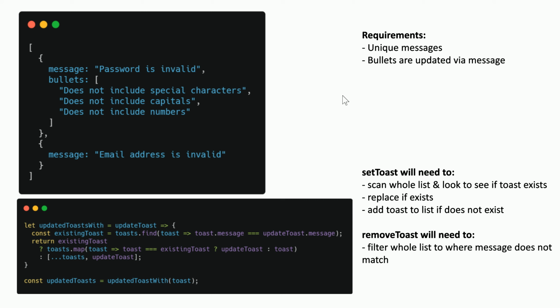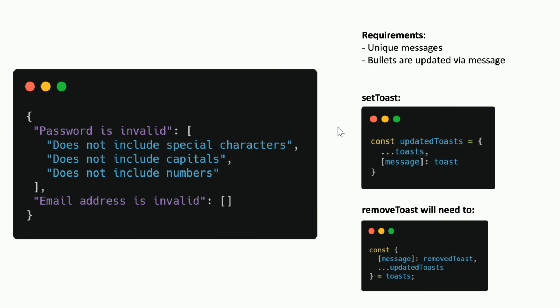So what if we were to normalize this state? Not necessarily normalize the entire state, but just normalize it to message. That might look something like this, where instead of an array, we have an object whose properties, or I'll call those keys, are that unique message. And now, by way of them being properties in an object, they're required to be unique.